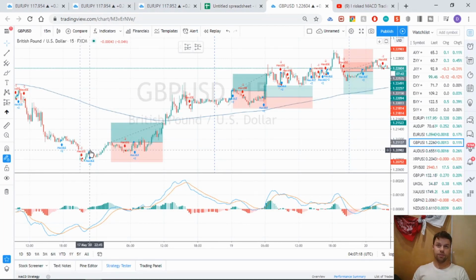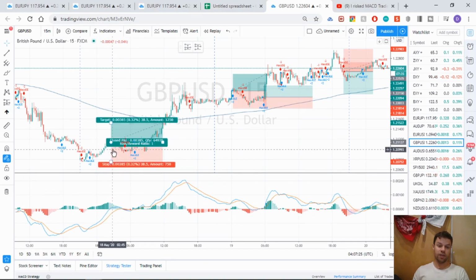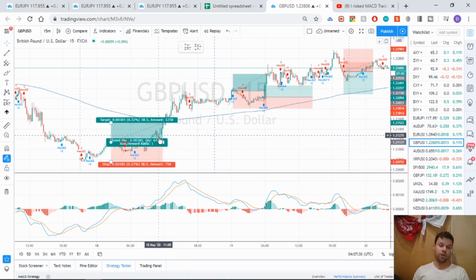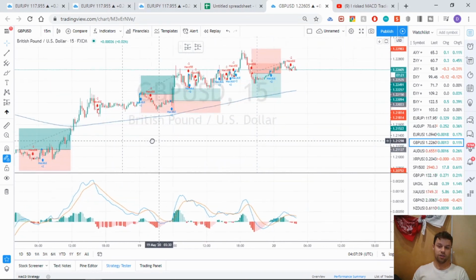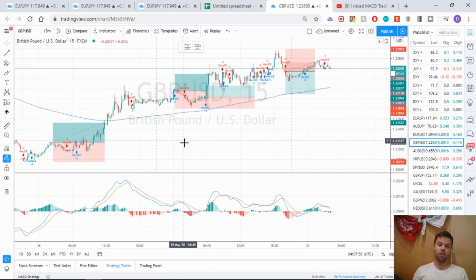As we can see, this is an example of where it crosses the zero line. The signal line has crossed the zero line, the entry is there, and then risk to reward is 1 to 1. This one wins. For this particular signal, I was not taking into account the trend. This signal is an example of a with-the-trend signal.